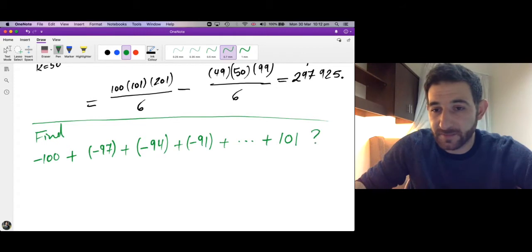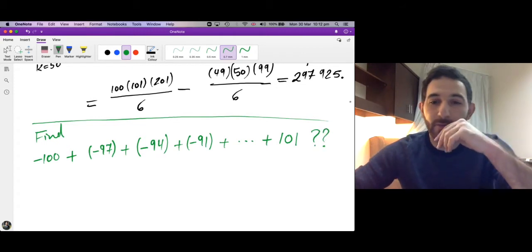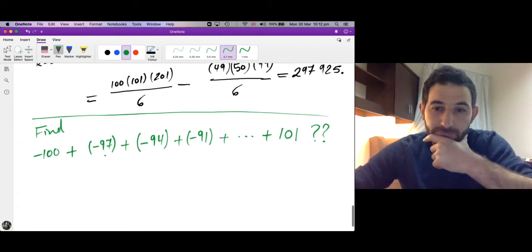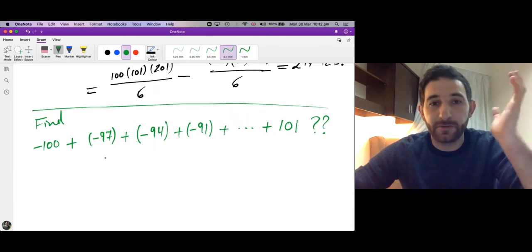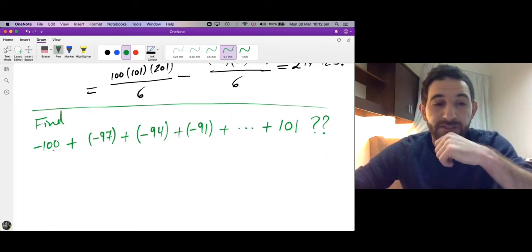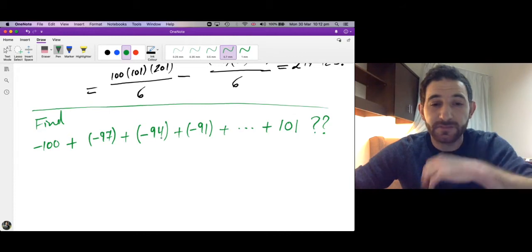So what is this summation? How can we think about this question? The trick here is the sigma notation. The first thing you have to do is write this in terms of a sigma notation.